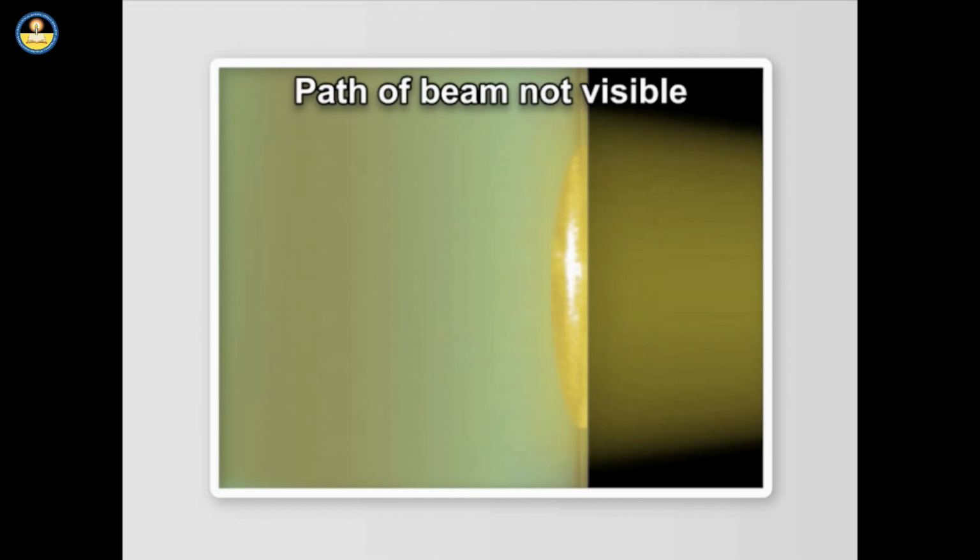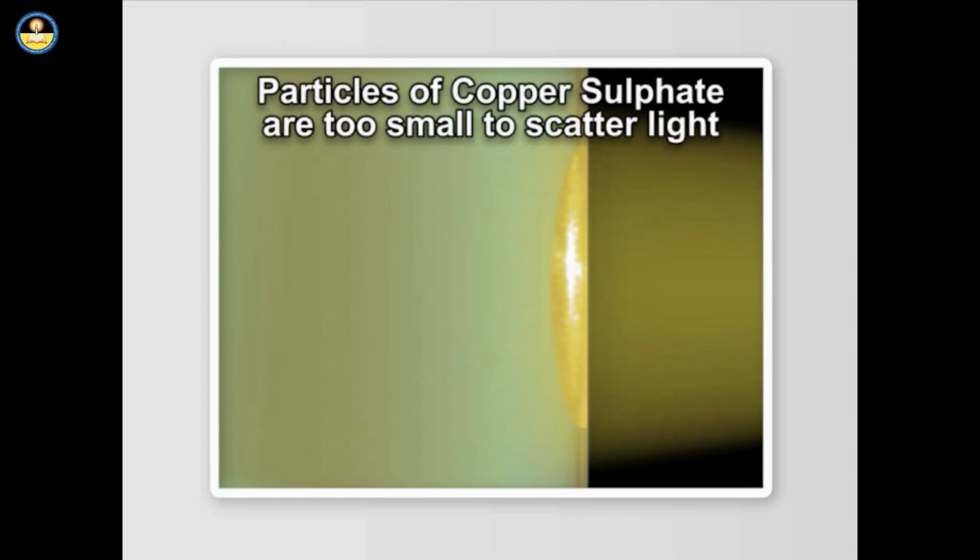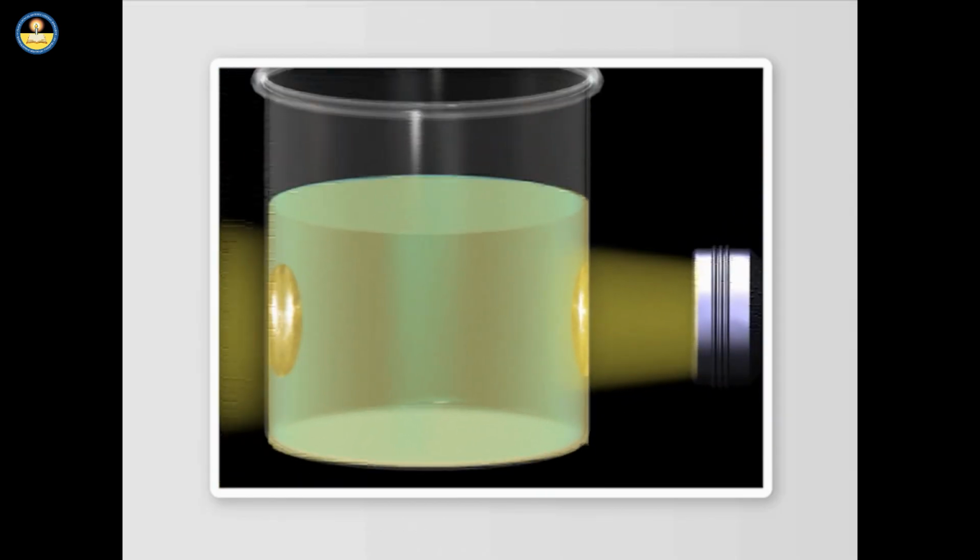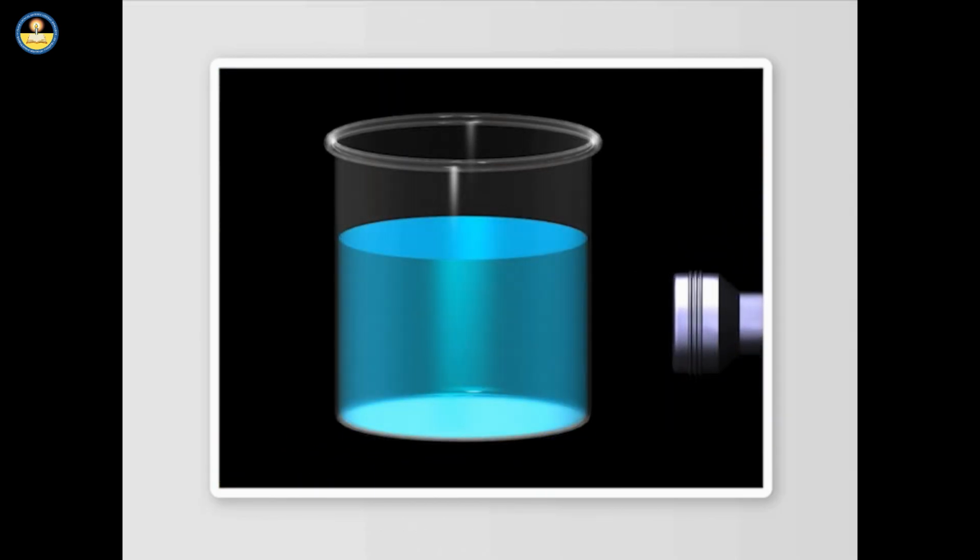This observation shows that the particles of copper sulfate and water are too small to scatter the light. Light just passes through the copper sulfate solution. This copper sulfate solution is an example of a homogeneous mixture and is termed as a solution or true solution.